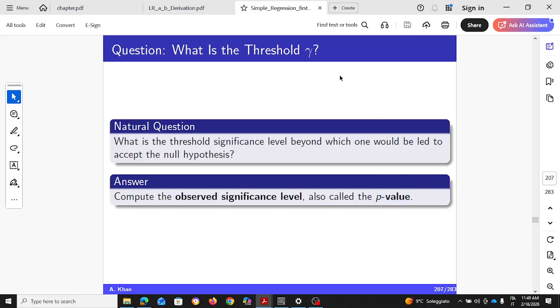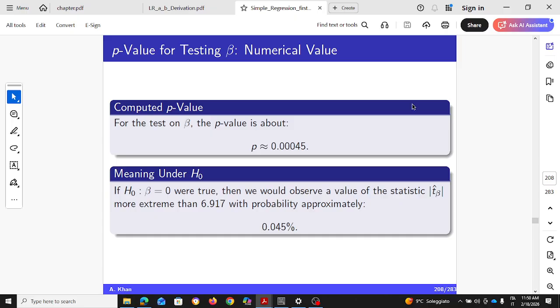Like for example, choosing gamma 5% or 0.01%, where should we stop? If we calculate the p-value, which is easy, just one line in MATLAB, we get this value.